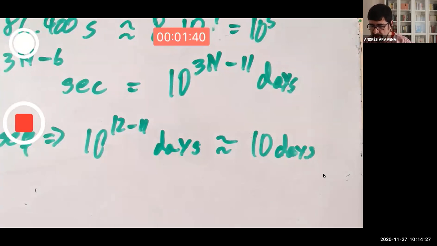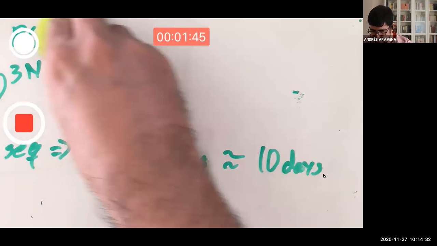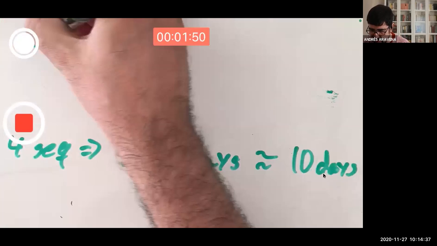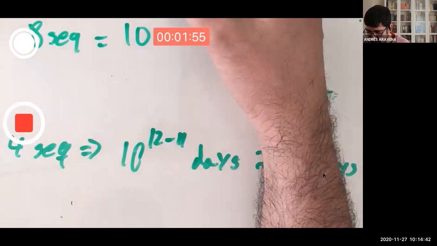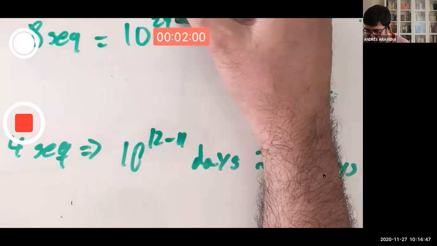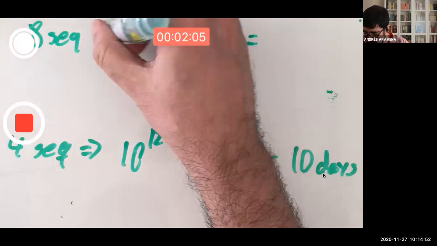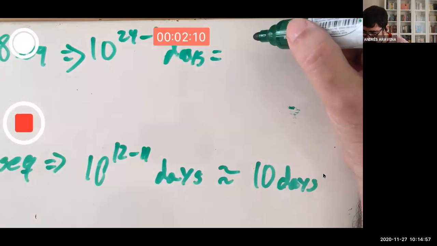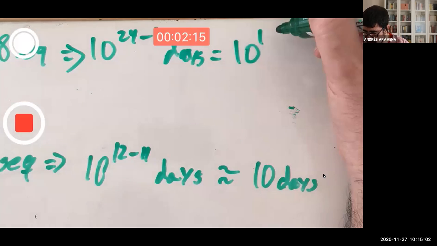Now, following the same logic, if we have 8 sequences, it will be 10 to the power of 24, 3 times 8, minus 11 days. This is 10 to the power of 13 days.